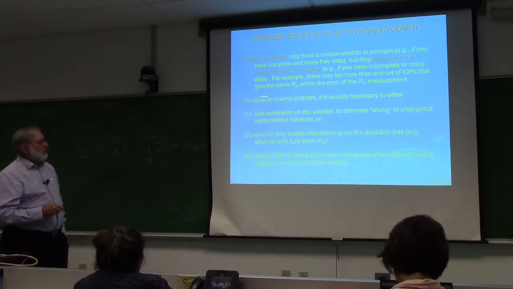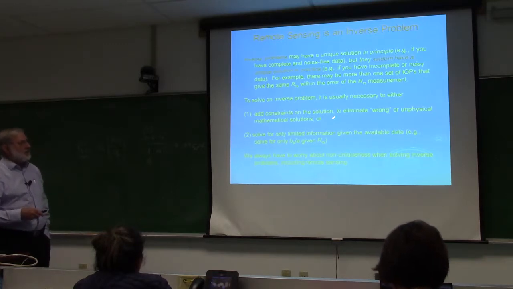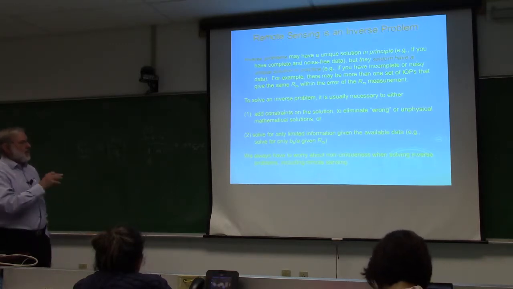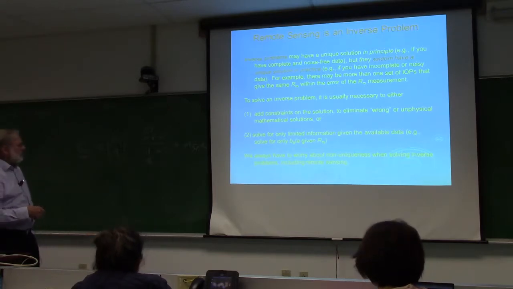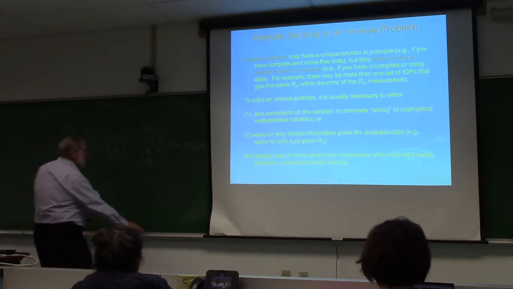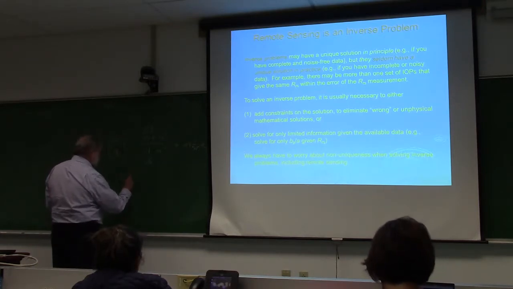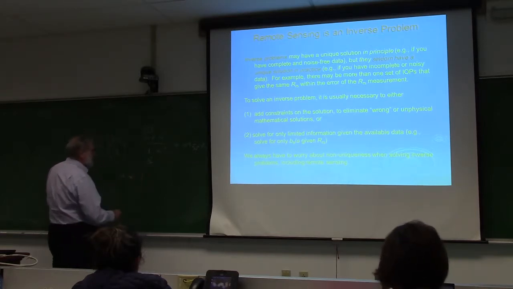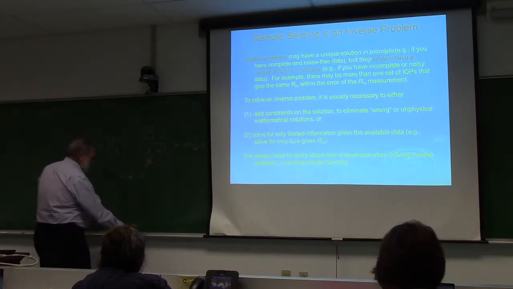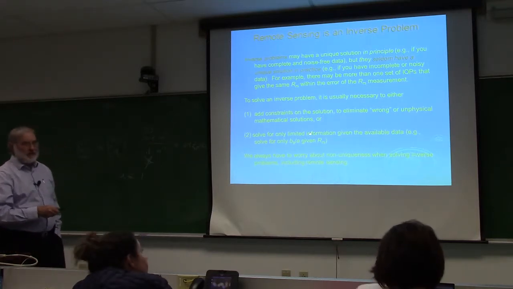Okay, so to solve an inverse problem, you usually have to either add constraints to the solution which will eliminate the wrong or the unphysical mathematical solutions. So maybe you know that the absorption coefficient in this problem has to be less than or equal to 0.1, and that would eliminate that solution. Or you have to add some new information of some sort.